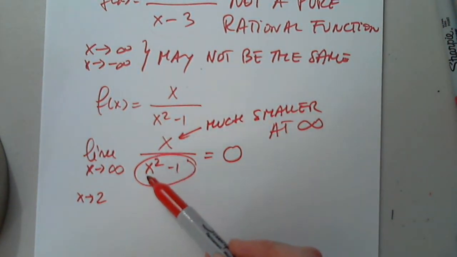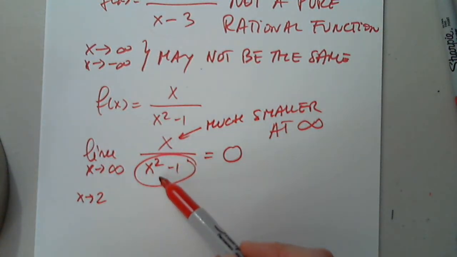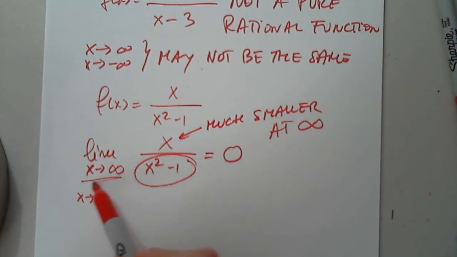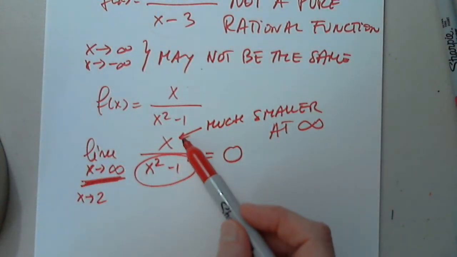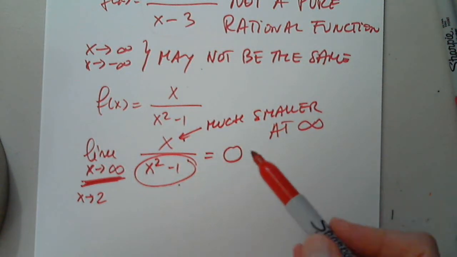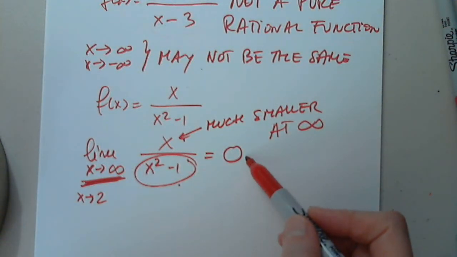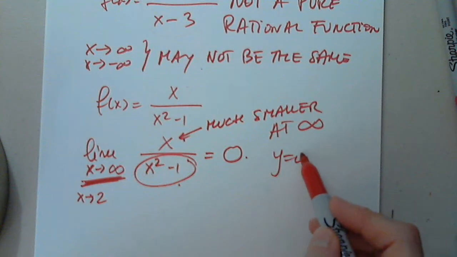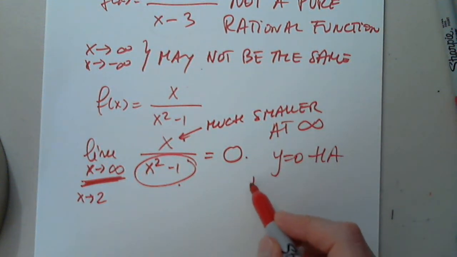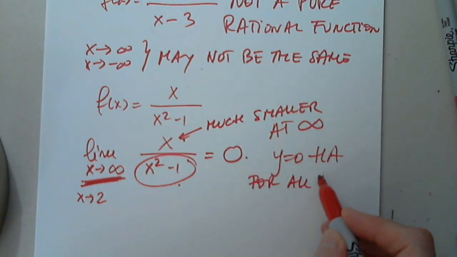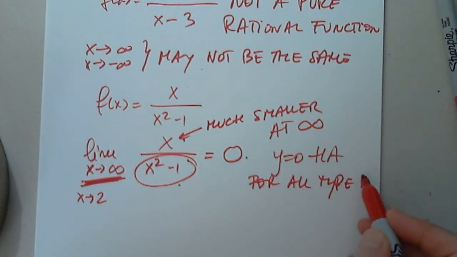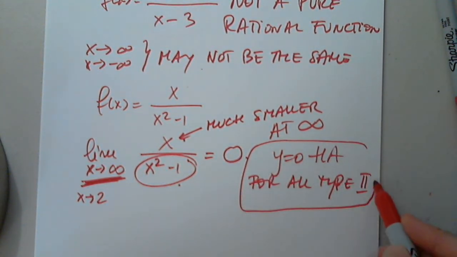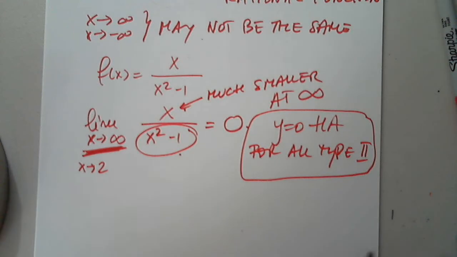It's 2 over 3. 4 minus 1 is 3, 2 over 3. But when we talk about infinities for horizontal asymptotes, this is so much smaller than this. So therefore, eventually, this will be 0. So then y equals 0, horizontal asymptote for all type 2, forever. For all type 2, the horizontal asymptote is always y equals 0.